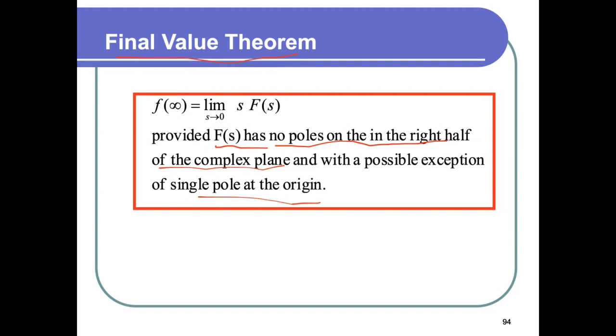So there is an exception to this final value theorem. If these conditions are not satisfied, then you cannot use the final value theorem. F needs to have no poles on the right half plane, meaning that all of the poles are negative. If you have one pole at 0, that's okay, but you cannot have, let's say, 2 poles at 0. You only have one pole at 0.